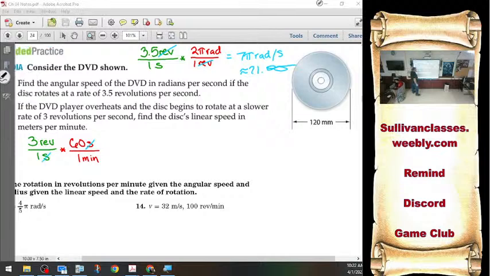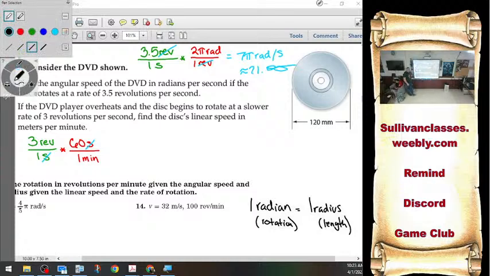Do we remember the magic portal? 1 radian, which is rotation, is 1 radius, which is length. So I'm now in revolutions per minute. I'm never going to get over to meters unless I cross through that gate. To get through that gate, you better have your ID on you, which in this case is radians. Swap it over to radians.